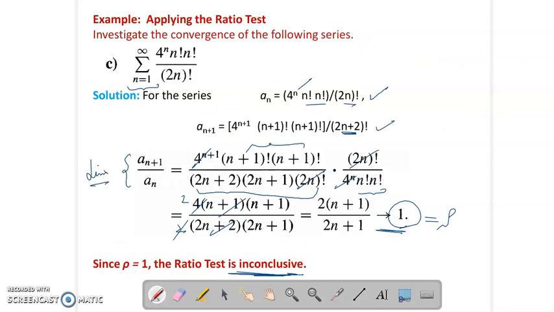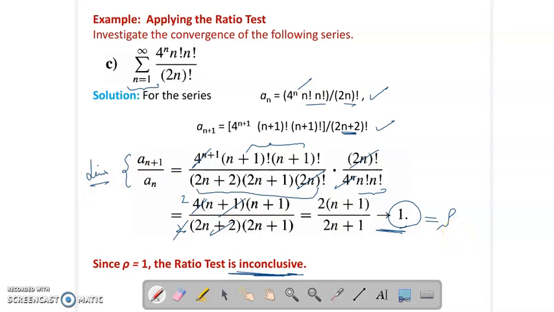Let me repeat one more time. This is the problem given. The question is: applying the ratio test, investigate the convergence. So we have tried applying the ratio test, found a(n plus 1) from a(n), then took their ratio, then found their limit, but it turns out to be 1, right? So the test is inconclusive.